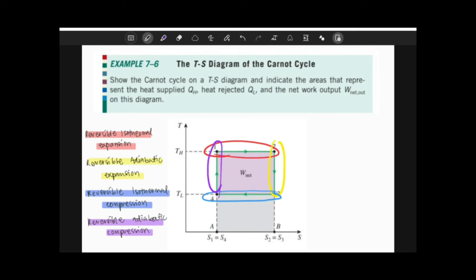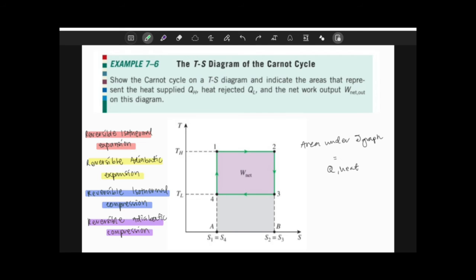So as we know, in the TS diagram, the area under the graph is equal to Q, or heat. Therefore, the area of A, 1, 2, B is QH, which is the heat supplied.